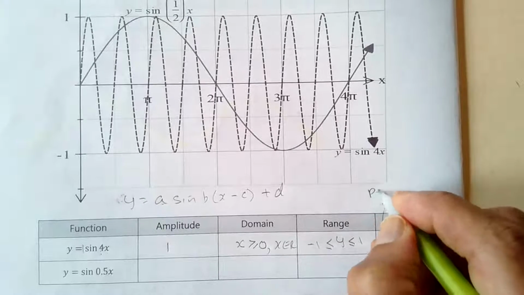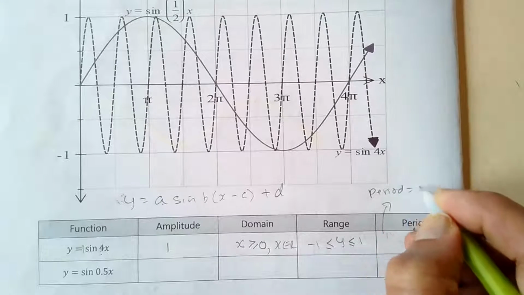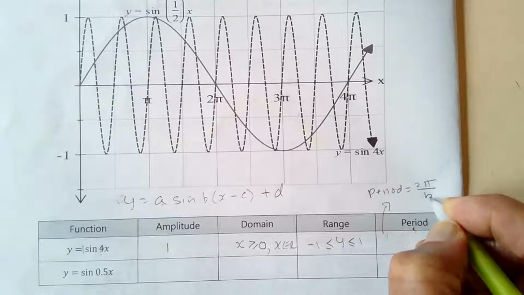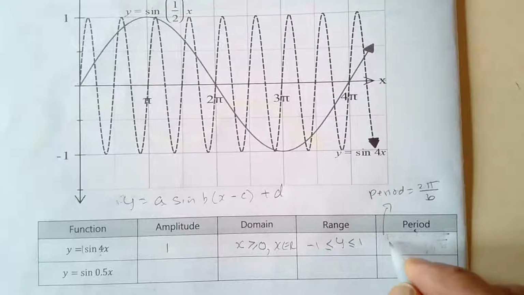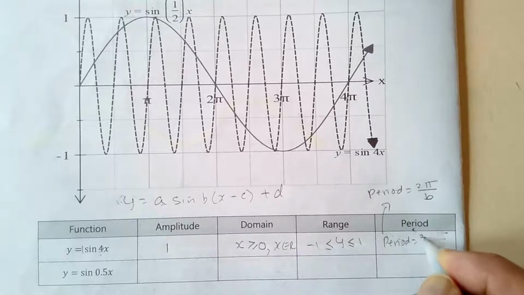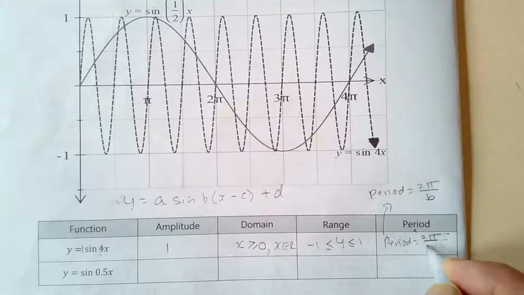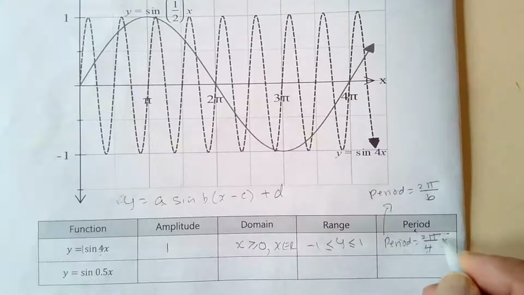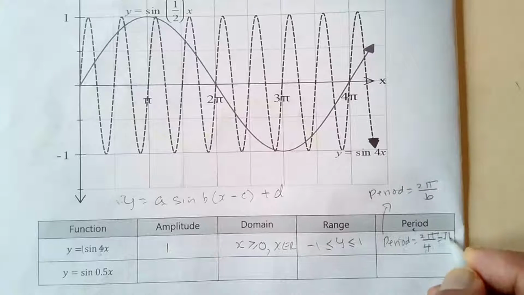So period is equal to 2 pi over b, which is 2 pi over 4, which is pi over 2.